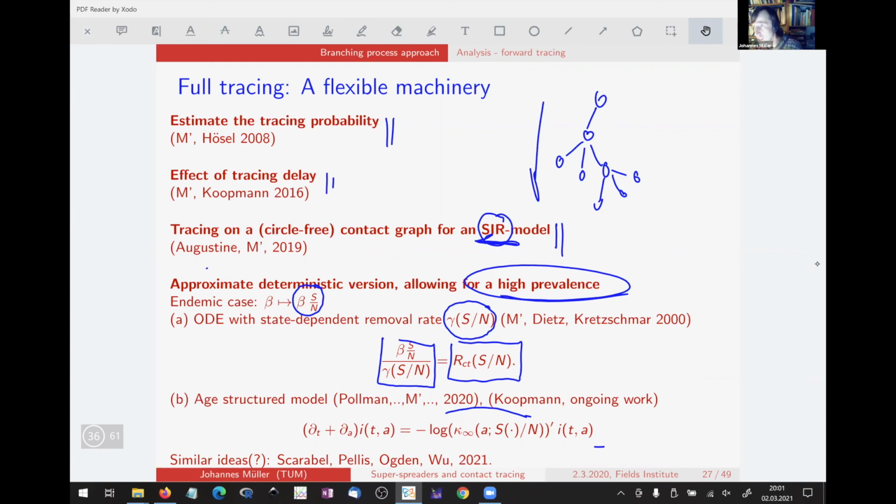So if you have an SIS epidemic on a graph, then it's really difficult to get some insight. And so we run into that trouble. So even if the epidemic process has some difficulties, then adding contact tracing makes the thing not better. So of course you can write down more realistic models, but I think it's really hard to get some analytic results.